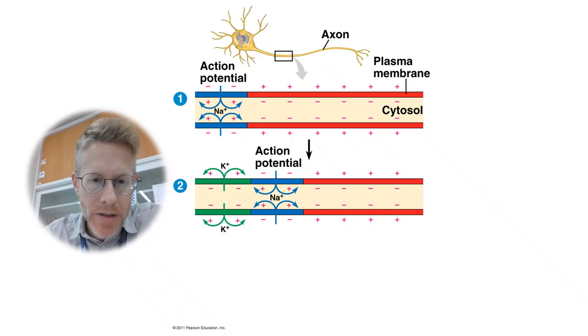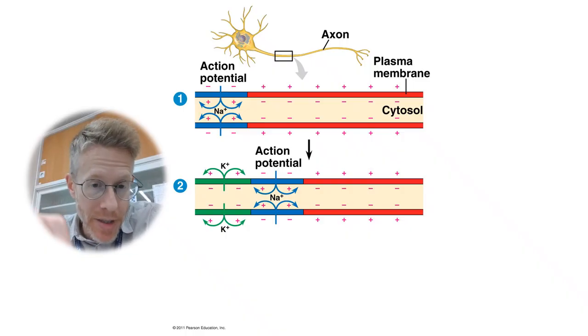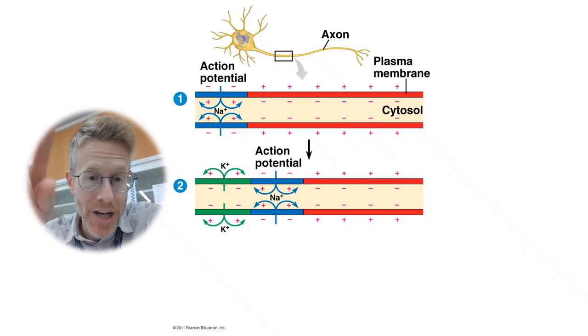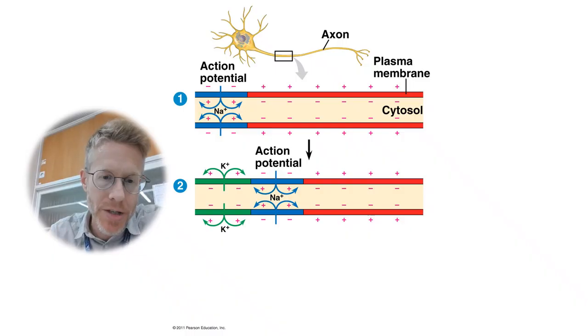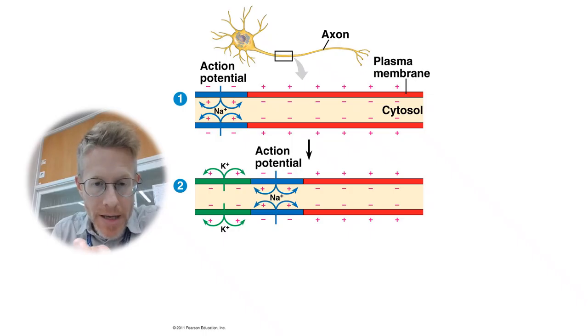And the reason is that when sodium ions rush in and potassium ions rush out during an action potential at one location, they don't just stay where they are, they will move laterally along the axon, both inside and outside, from an area of high concentration to low concentration.